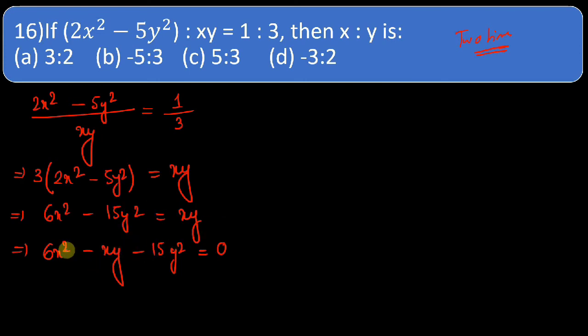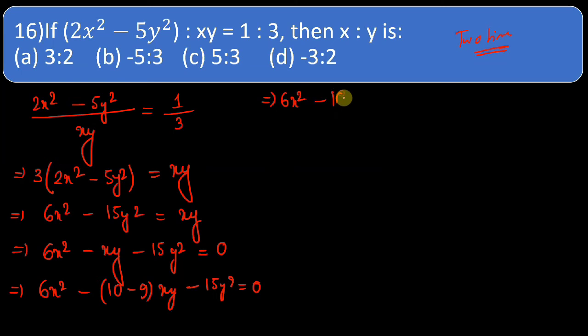Very, very important sum. So factorization: 15 into 6 is 90. So 10 into 9. That is 6x square minus 10xy plus 9xy minus 15y square is equal to 0. From here we take the common factor 2x, we get 3x minus 5y.